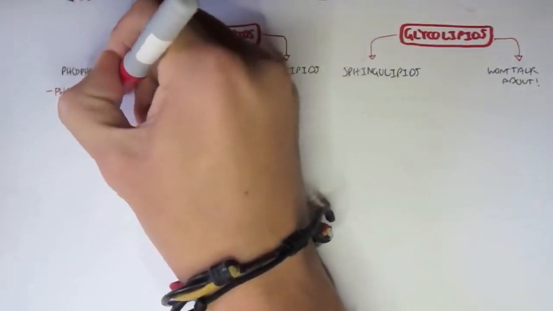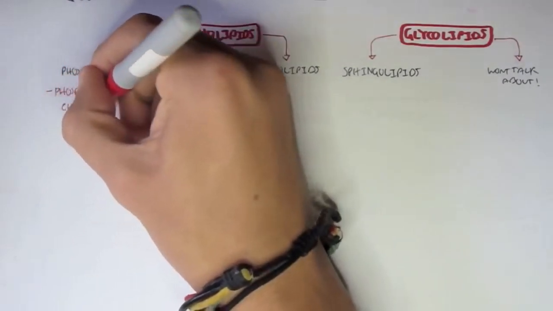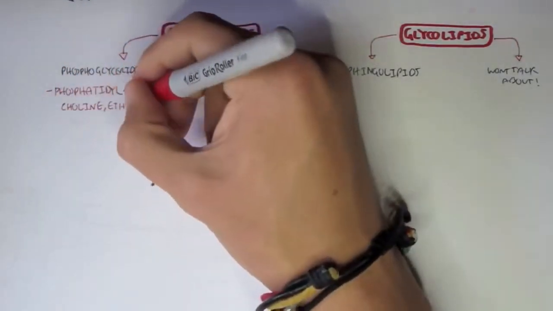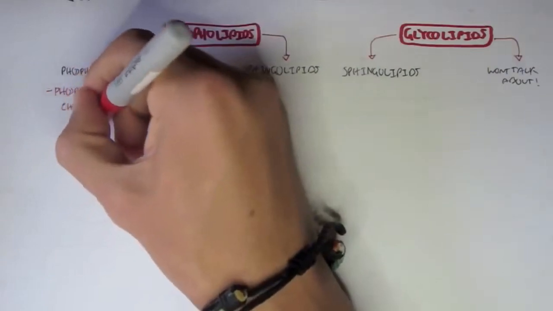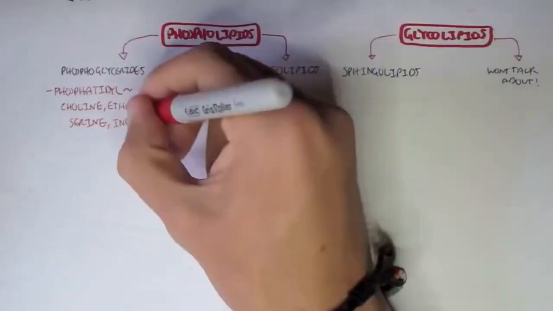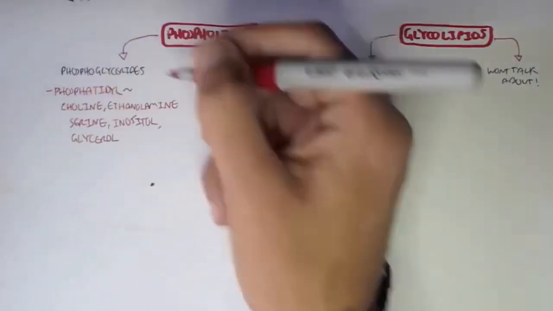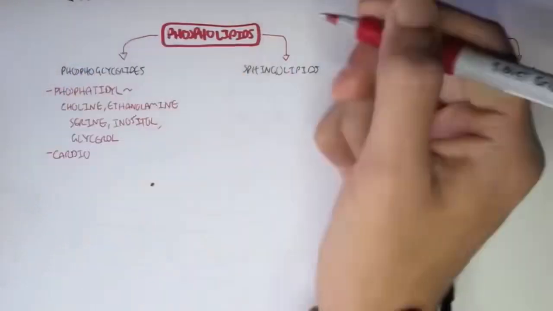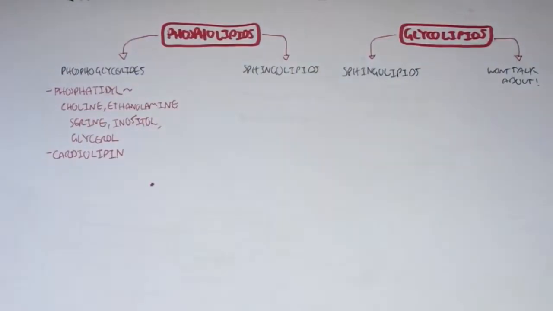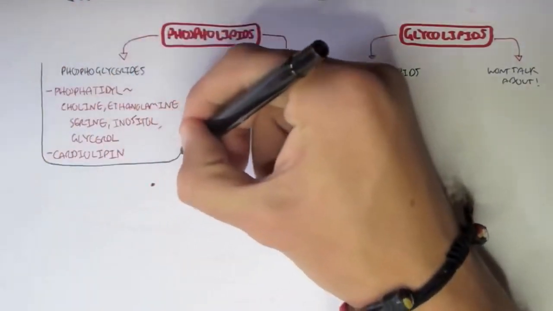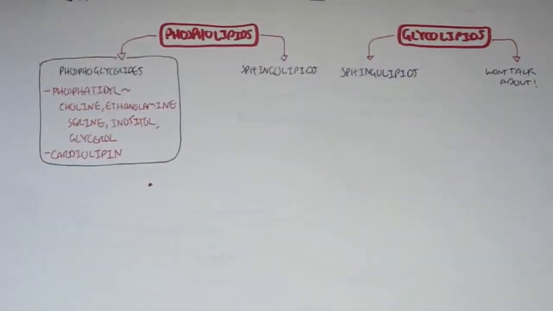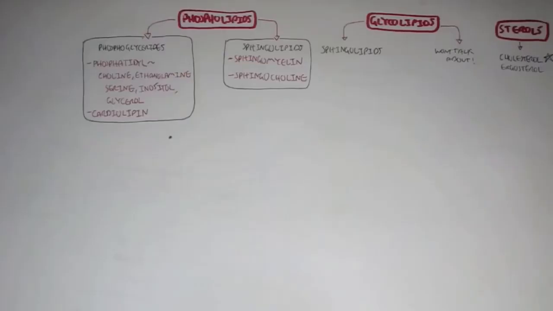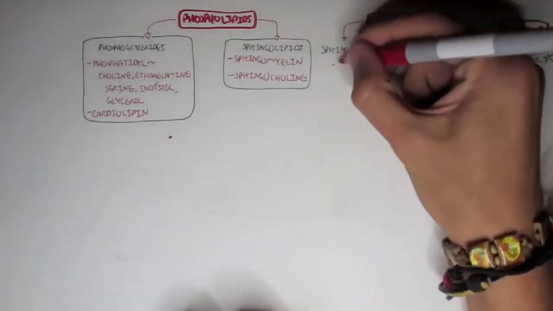So phosphoglycerides, there are many types. They begin with phosphatidyl. So there's phosphatidylcholine, there's phosphatidylethanolamine, there's phosphatidylserine, there's phosphatidylinositol, and there's phosphatidylglycerol. That's one class. And the other one, there's cardiolipin. And we'll look at each one of these closer later on. The sphingolipids, there are two main ones. There's the sphingomyelin and sphingocholine.